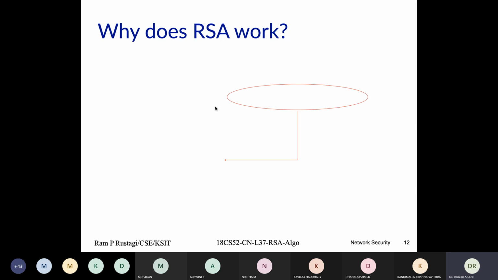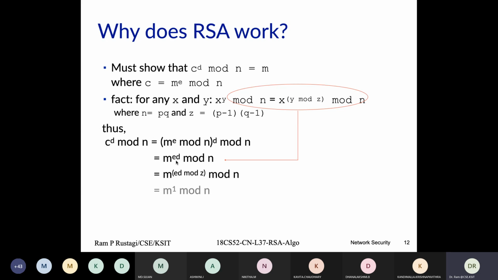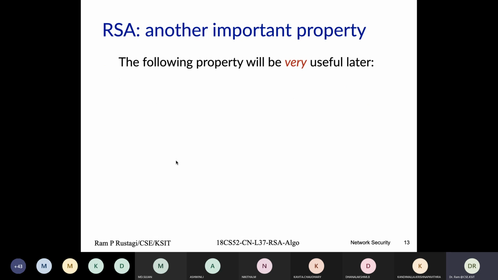For example, whether C is M power E, or I do M power D and then E, I'll at the end get M power ED. And because of this, I can use any key as public and the second key as private.